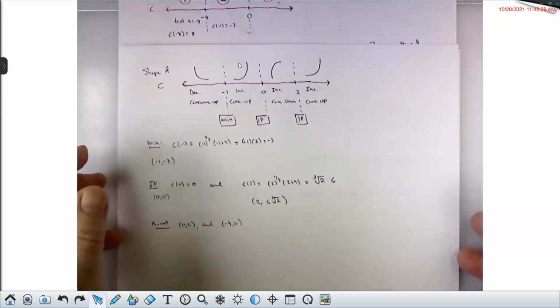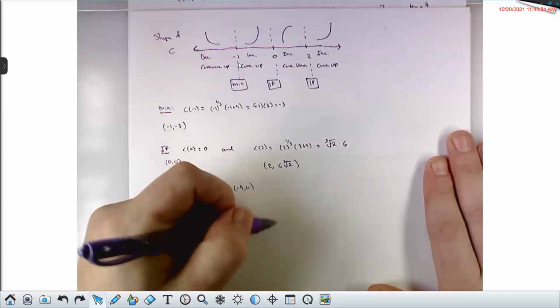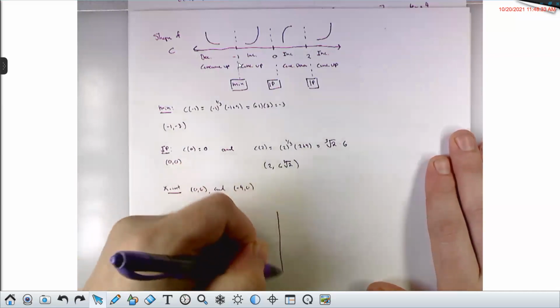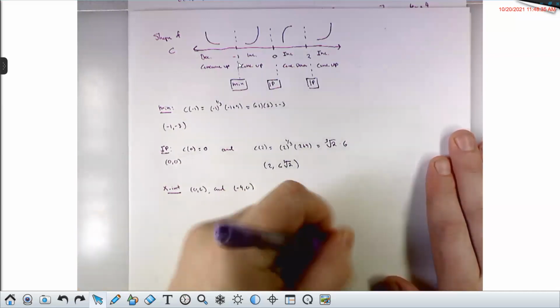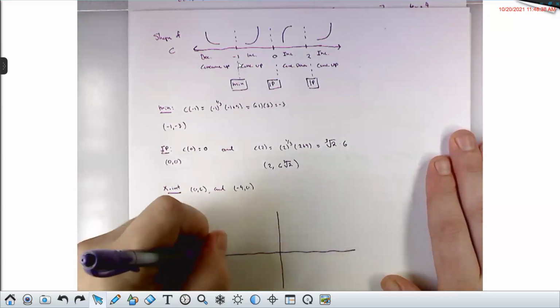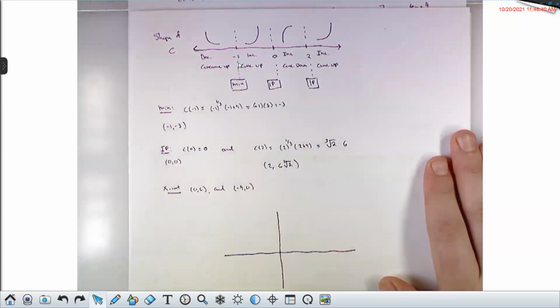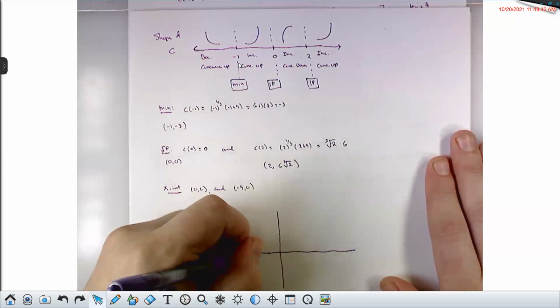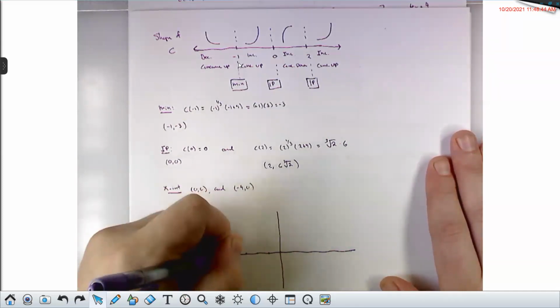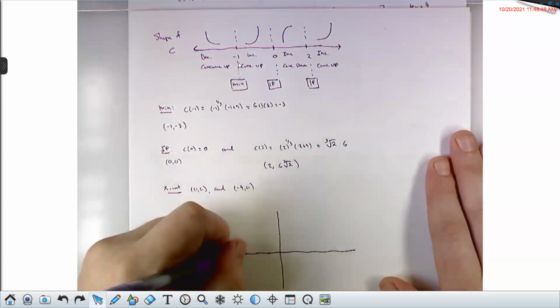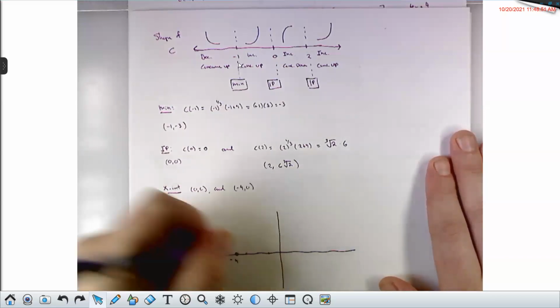So here we go. Well, it's -1, -2, -3, -4. I know I've got an x-intercept there. So that's a point that's on this graph.